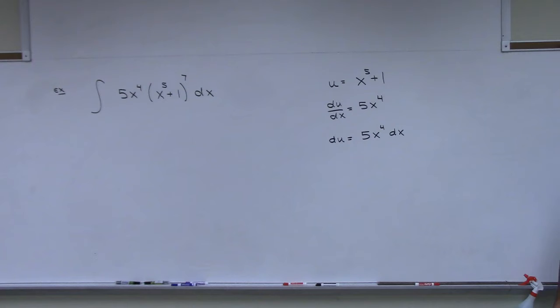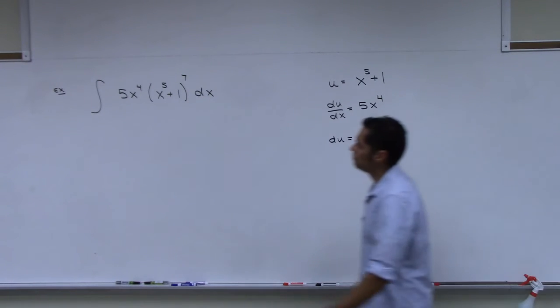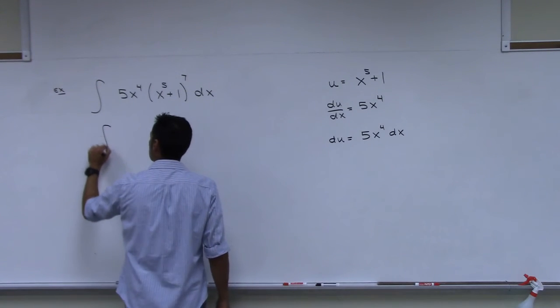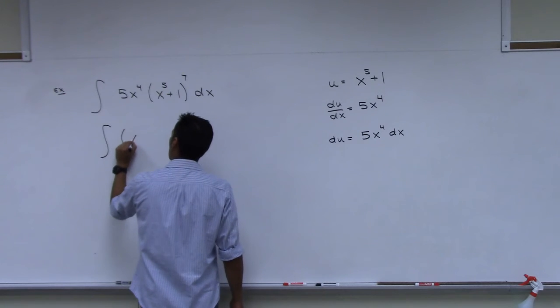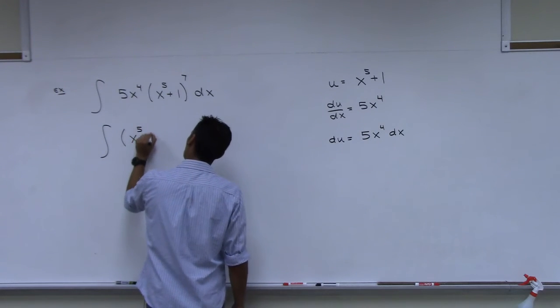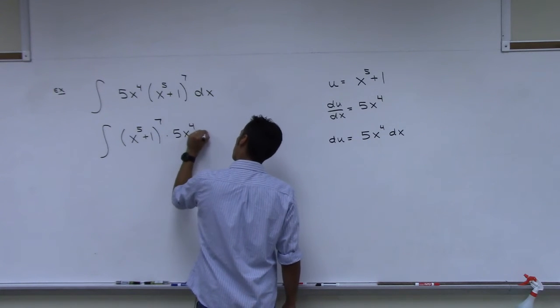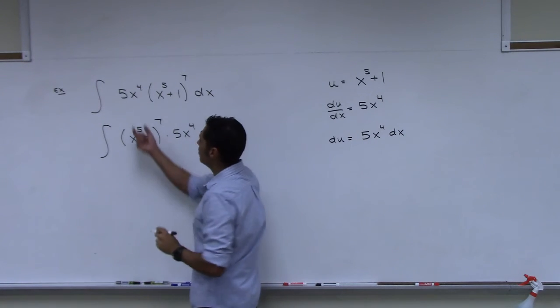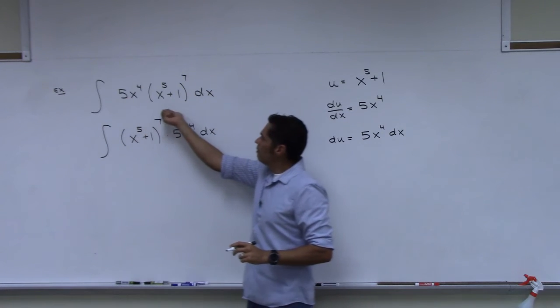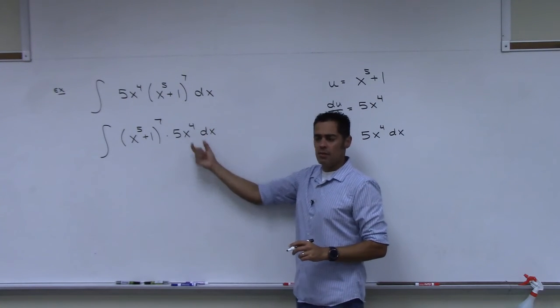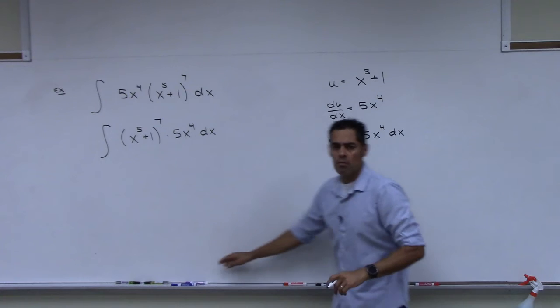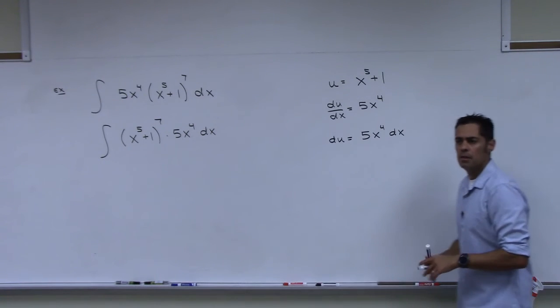I'm going to take this problem and rewrite it. All I've done here is taken the 5x to the fourth, popped it out to the back like this, and that's just to help you see where the substitution is going to be.